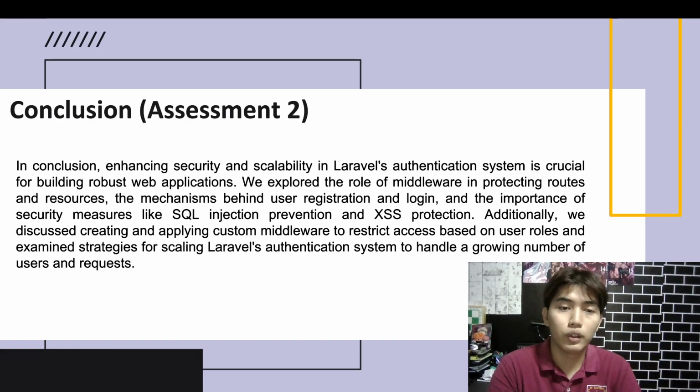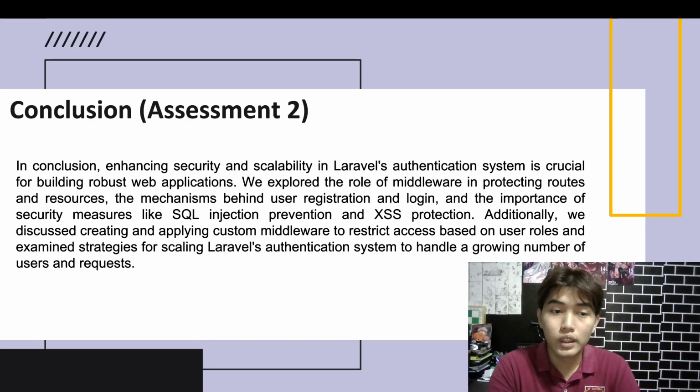And for the conclusion of the assessment 2, in conclusion, enhancing security and scalability in Laravel's authentication system is crucial for building robust web applications. We explored the role of middleware in protecting routes and resources, the mechanisms behind user registration and login, and the importance of security measures like SQL injection prevention and XSS protection.